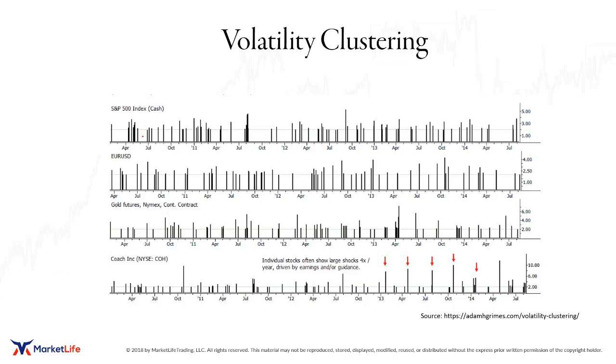And notice that, of course, nothing works with perfect regularity, but we do see a disproportionate number of cases where volatile periods cluster together. And you will also see the opposite of this, where markets are quiet for a long period of time, and that's the absence of volatility. But then when it comes in, we tend to see clustering.